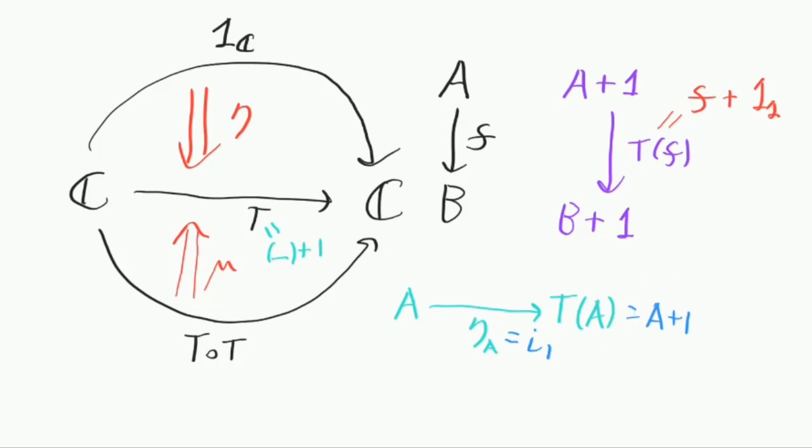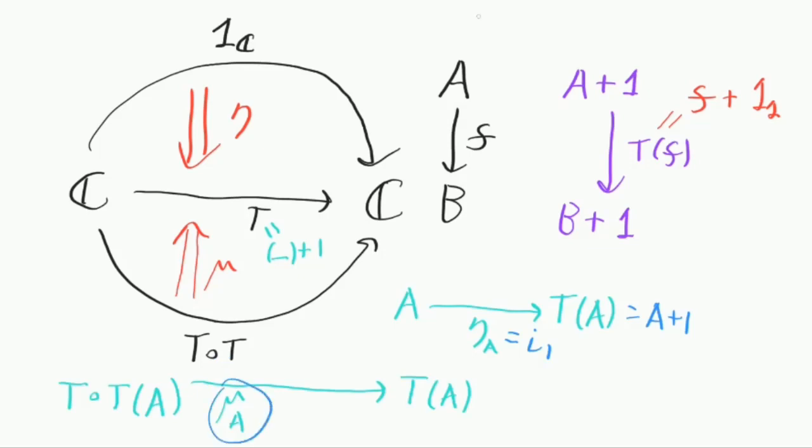So we're just injecting this A here into A plus 1. And in the example where C equals Set, this is also very simple. We'd just be thinking, well, this unit thing here is a sort of function. It takes an element from a set A, and it basically gives us back that same element, but we're regarding it as a member of the set A plus 1. So the final thing we need to talk about then is just this multiplication. So how does this work?